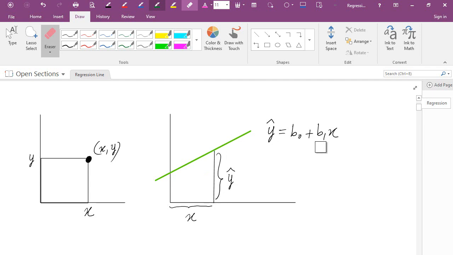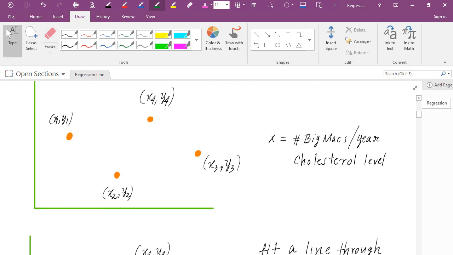And here b1 is called the slope of the line, which measures how steep the line is with respect to the x-axis, and b0 is the y-intercept. That is, b0 is the point where the line crosses the y-axis. So this point right here, that's b0.